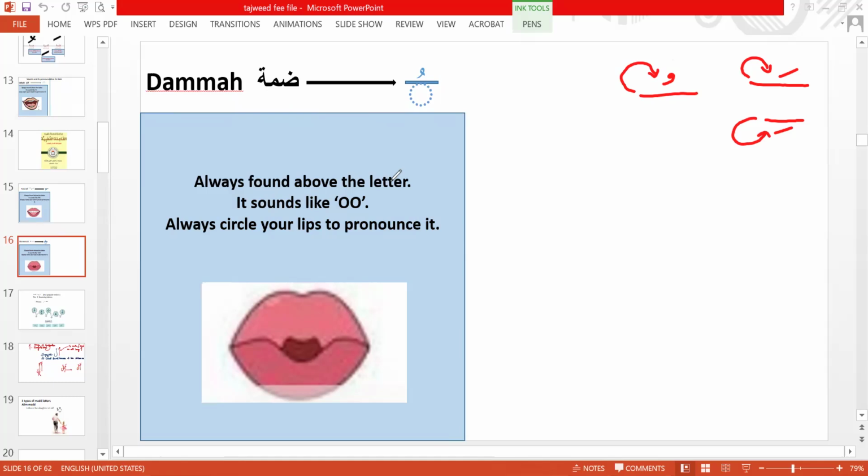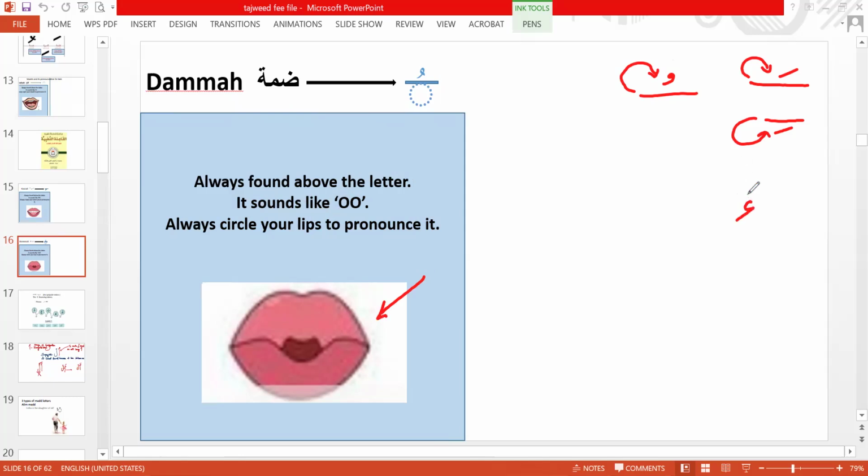It sounds like oo. And if you are seeing the picture carefully, a reciter should always circle the lips to pronounce any letter carrying a dhamma on it.